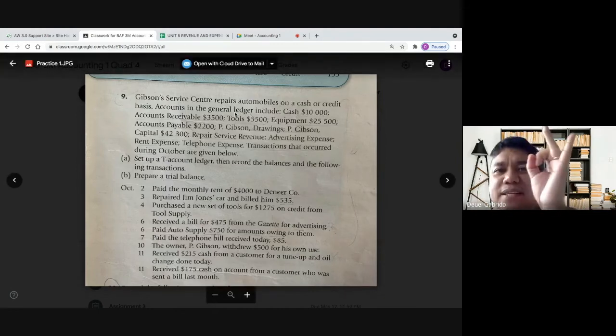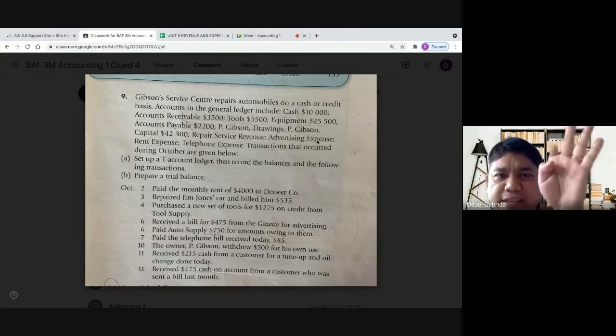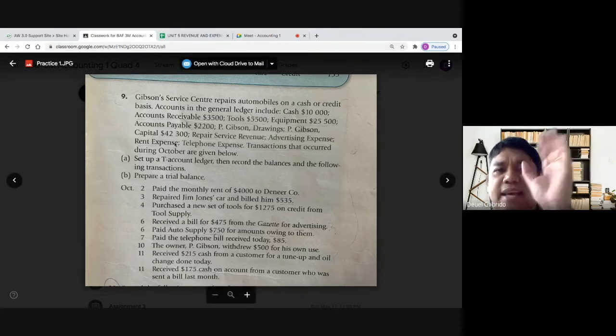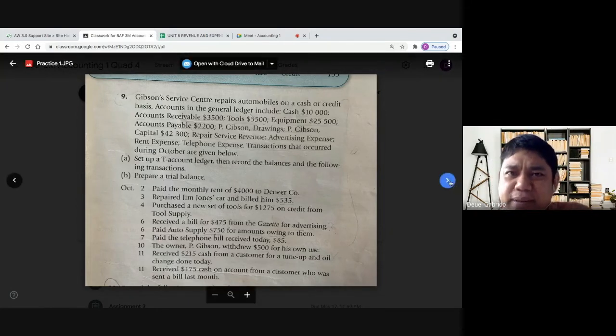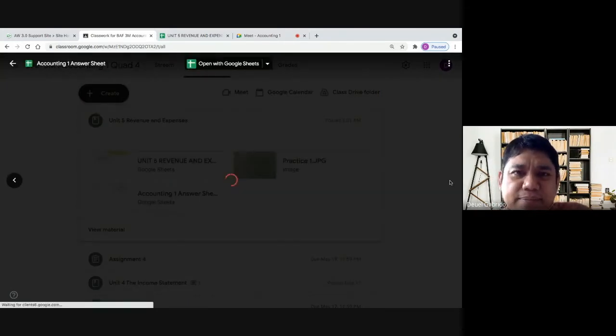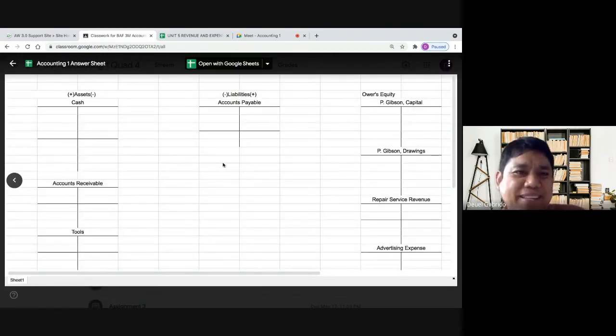Accounts receivable, tools, equipment, accounts payable, drawings, capital, repair service revenue, advertising expense, rent expense, and telephone expense. So in short, 11 accounts. Did I make it already? I think I made it already. Let's see the sheet. I provided an answer sheet for you. Oh yeah, I made it already.